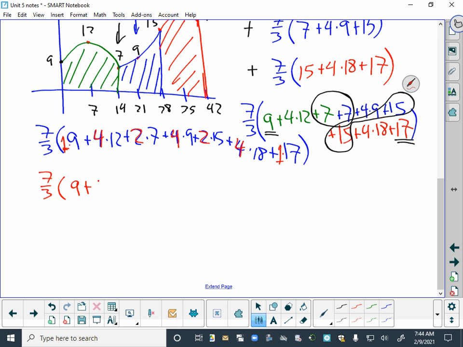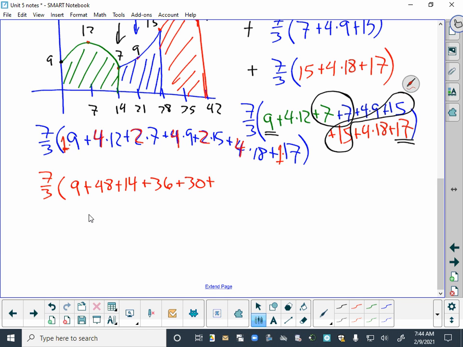Let's see, that's 9 and 48 and 14 and 36 and 30, and did I miss something along the way? I thought I did. Nope, I didn't.